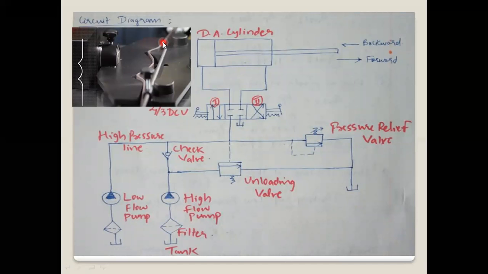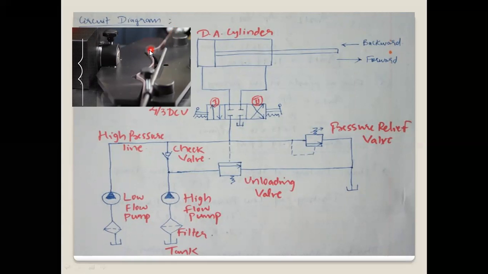Here I am considering one application, as you can see in the diagram. I am using the hydraulic cylinder here. You can also use a vertical cylinder, but in this circuit I am using the hydraulic cylinder. The application I am considering is bending.